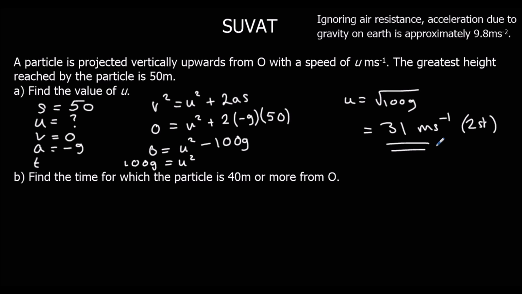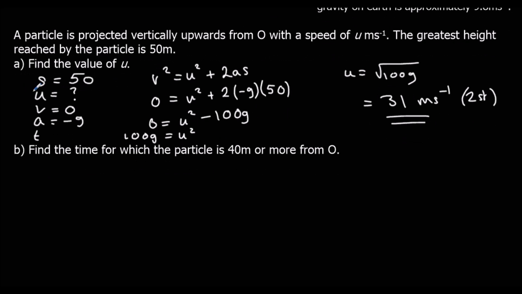Find the time for which the particle is 40 meters or more from O. So we projected it up. It reached a maximum height of 50. So it reached 50 up here. So if this is 40, the time it's 40 and above is this time here.